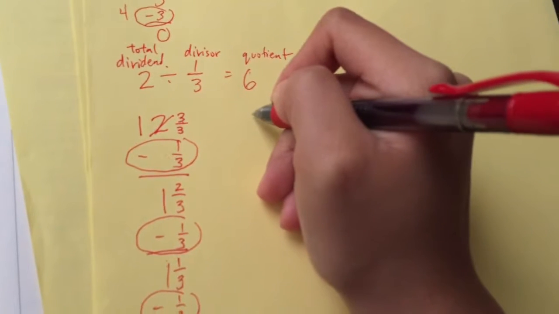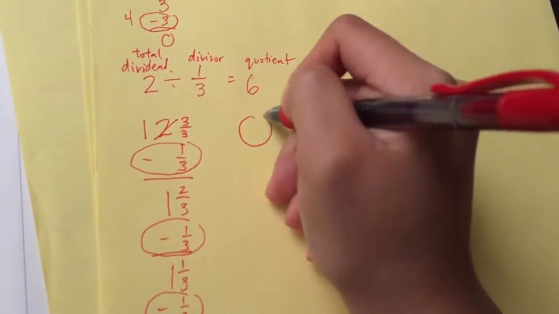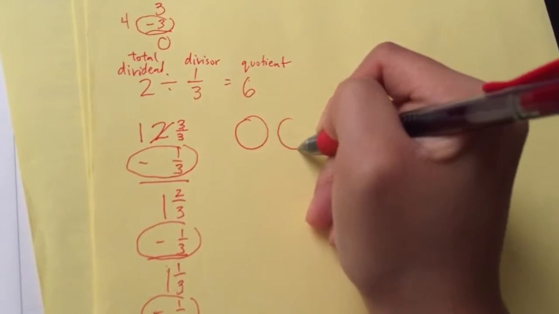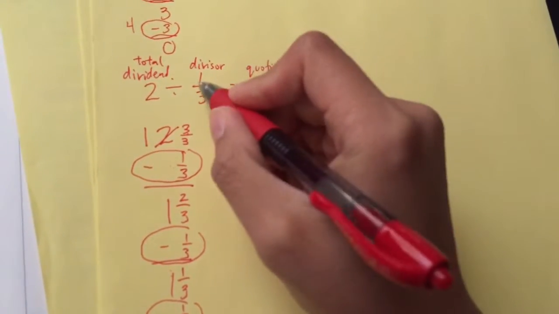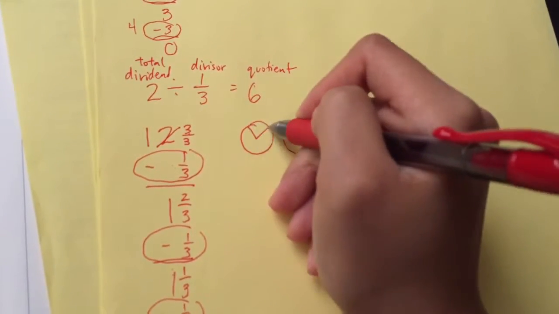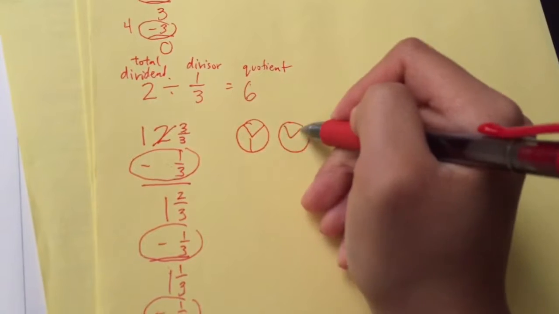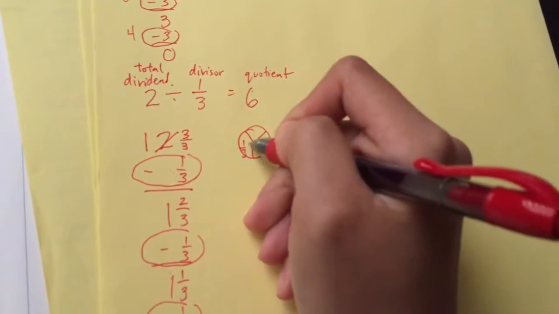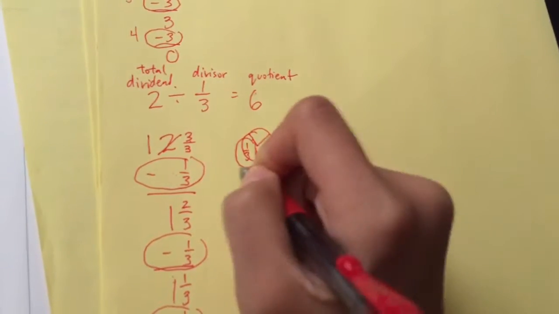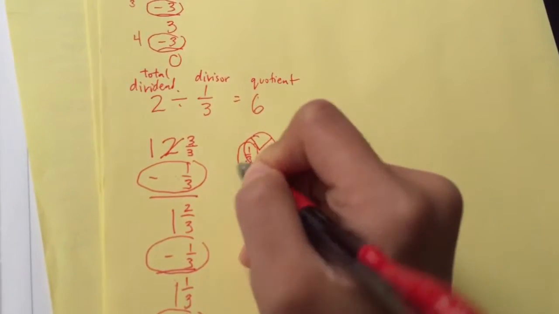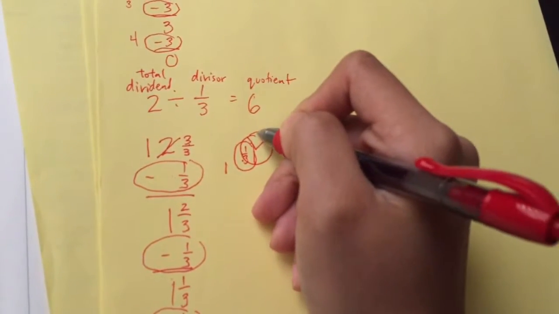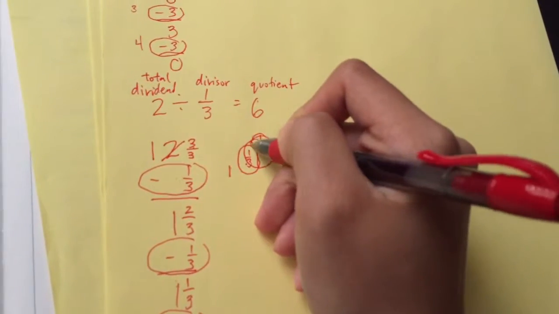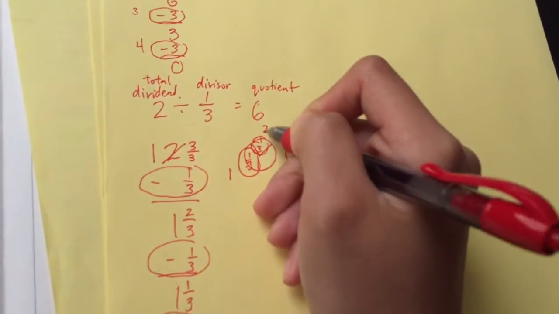Visually, if you have 2 wholes, you have 1 whole and you have 2 wholes, and you want to split them into thirds, then you're able to split it into thirds 1 time. So that's 1 equal group of 1/3. You're able to split it into 1/3 2 times. So now you have 2 pieces.